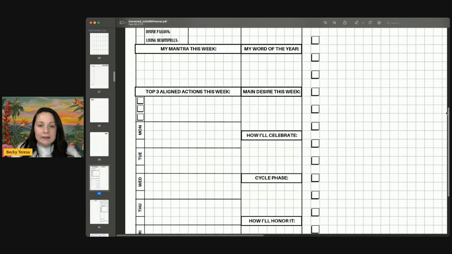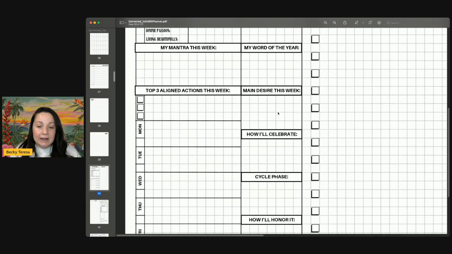Now, on this side over here, we're going to have our main desire this week. Our main desire this week could be the number one thing that you want to make sure that you get done this week. So it could be, I want to make sure that I write 3 Instagram posts, or I have 2 blog posts, or I have 2 YouTube videos, whatever it is. Or it could be that you want to finish reading your book, or that you want to lose 3 pounds this week, which is pretty ambitious, but okay.